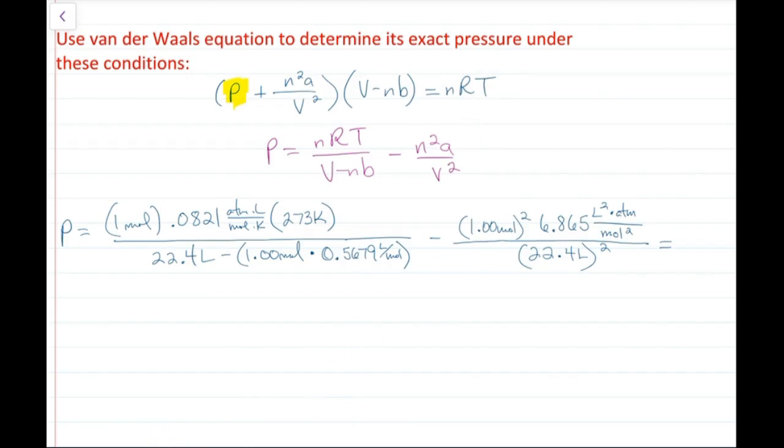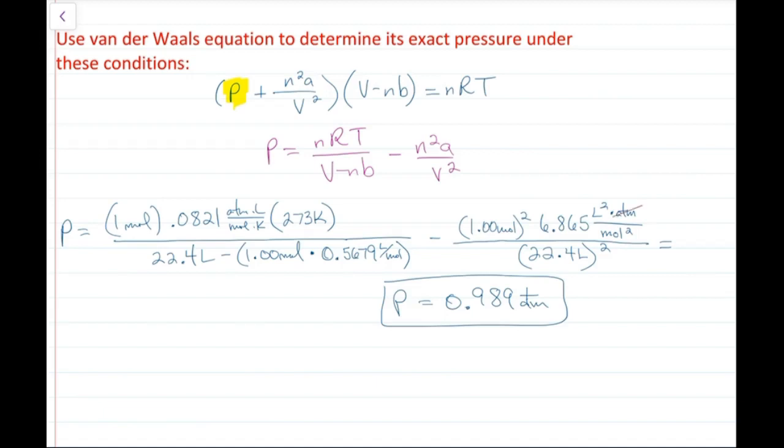And when we put this all into our calculator, what do you get? Okay, hopefully you got 0.989 atm.